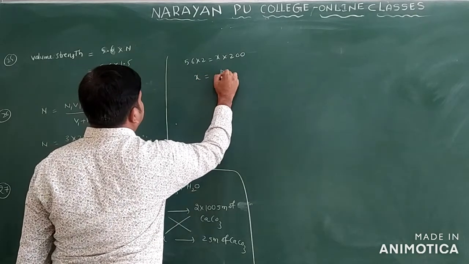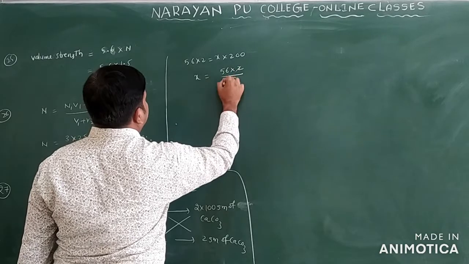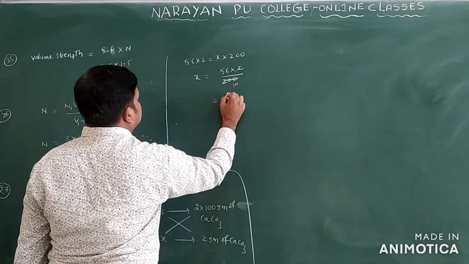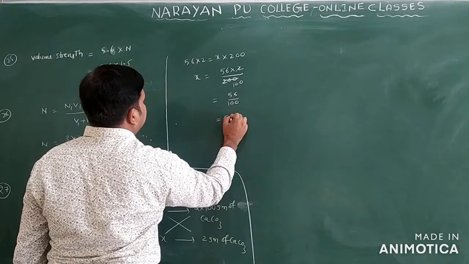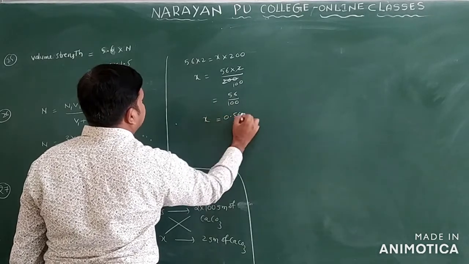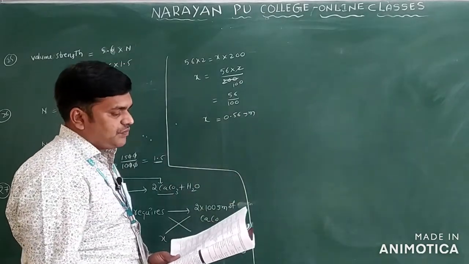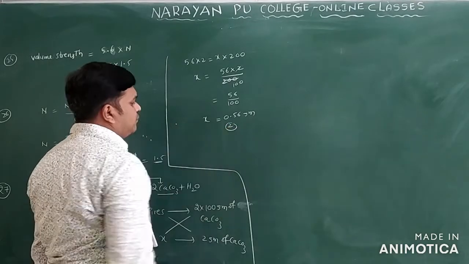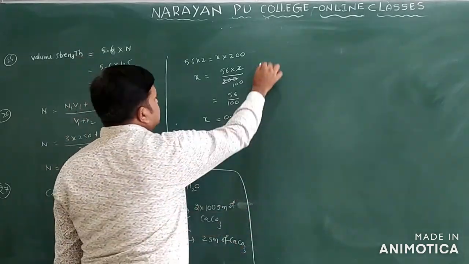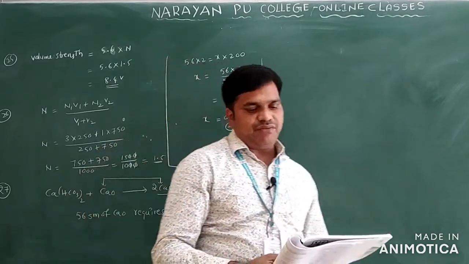So x equals 56 into 2 by 200. Can I write here 100? 56 by 100. You will get 0.56 gram of which one? CaO only. So you will take option 2 for this one, 0.56 only. So this is question number 27.